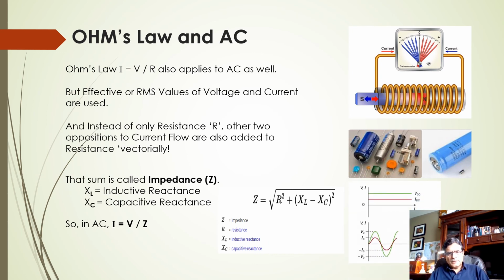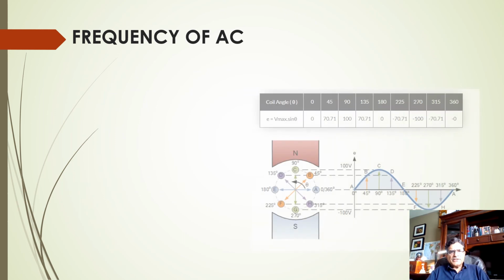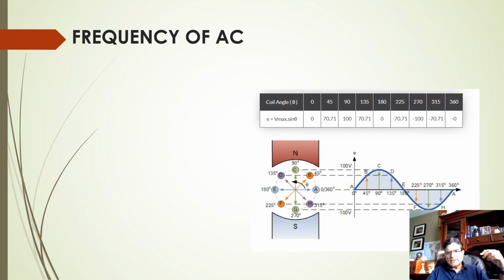And again, to refresh your memory, DC is single directional and of constant magnitude. AC is bidirectional and of varying magnitude and also changing direction. So in AC, naturally, we have already talked about that there is a frequency.